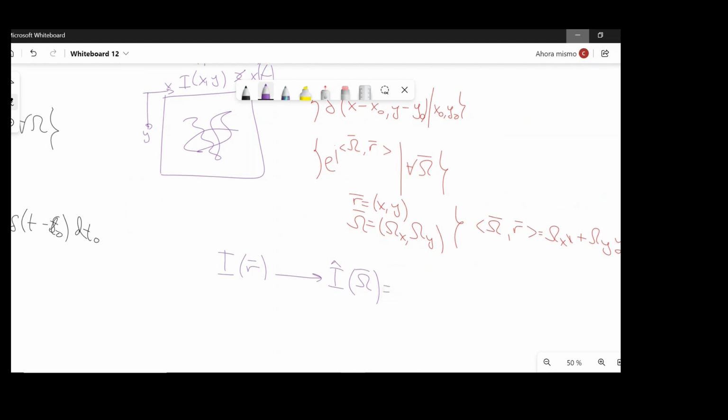It will be the integral, and we will come back later to over which area, of my image times my basis.